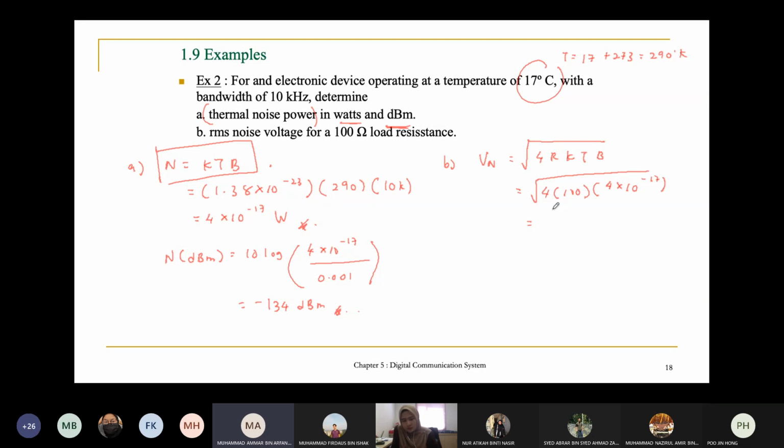Okay, so the answer is 0.126 microvolt. Okay, so this is 0.1265 microvolt.